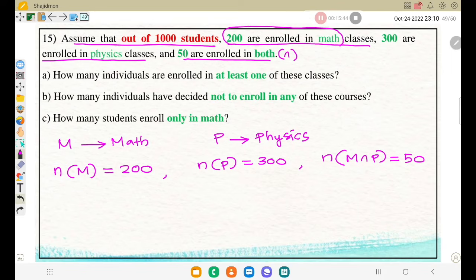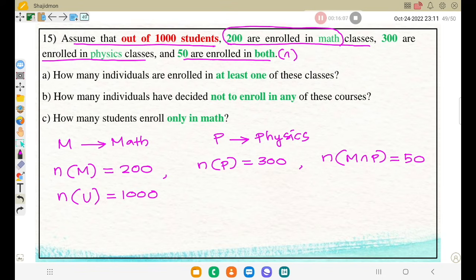Now what is the meaning of this 1000? Assume that 1000 students means a universal set, the complete students. So I am writing here number of elements of the universal set equals 1000. Why are we taking the universal set? Because here we are only talking about math and physics, not other courses.